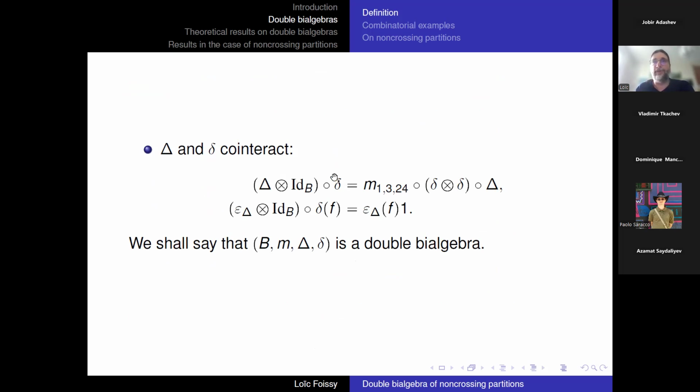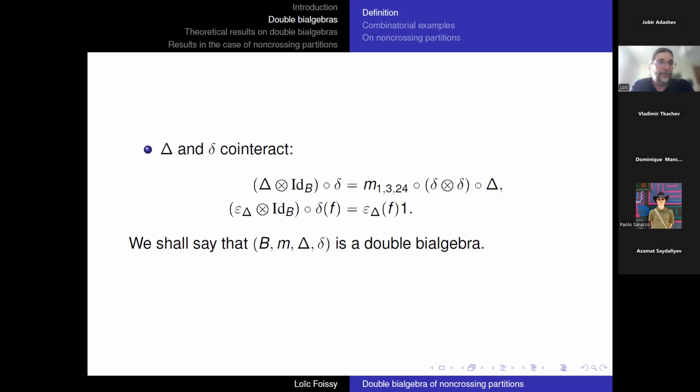First by the product, and then by the addition on the left, or you can cut it into two parts with the addition, cut each part with the multiplication, and reunite together the second and the fourth part to obtain only one element. And this is exactly what is a double bialgebra.